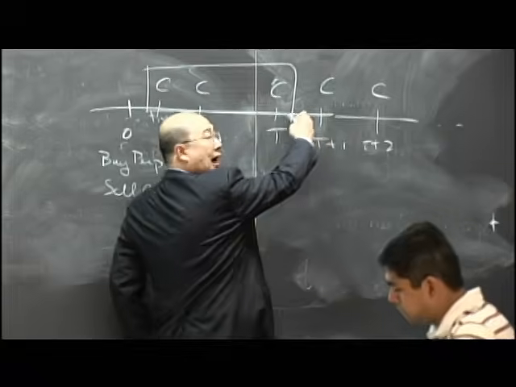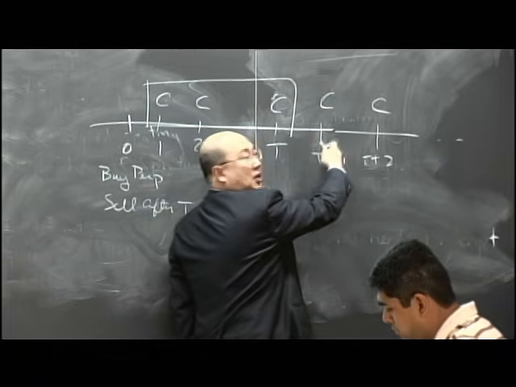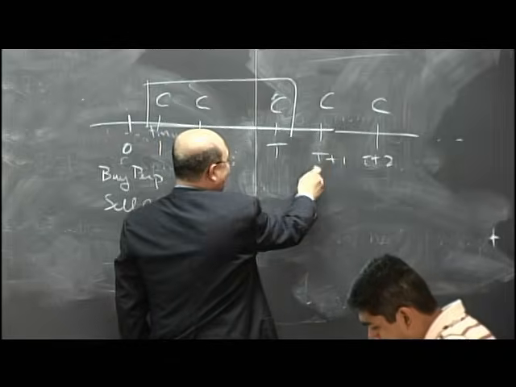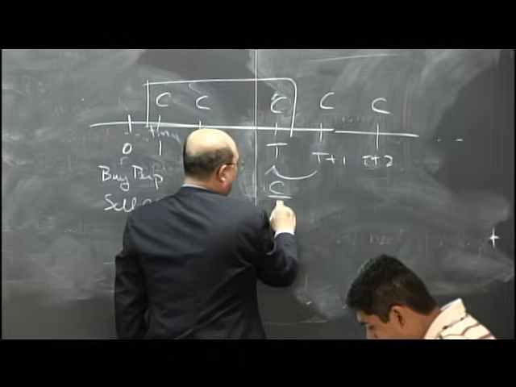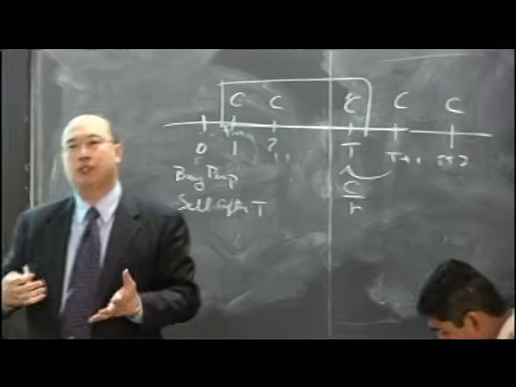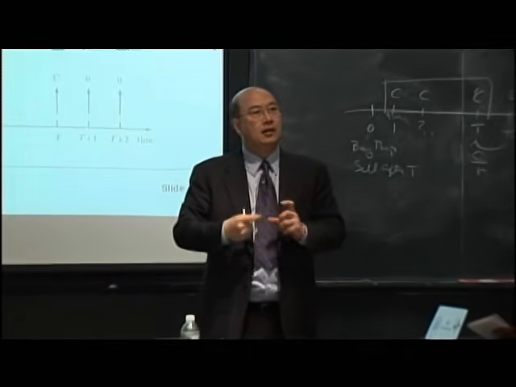But the question is, when do you get that C over R? If you have a sequence of cash flows that starts in year T plus 1, then the value of it at date T is C over R, right? Because a perpetuity, by assumption, is a piece of paper that starts paying off not today, but next year.